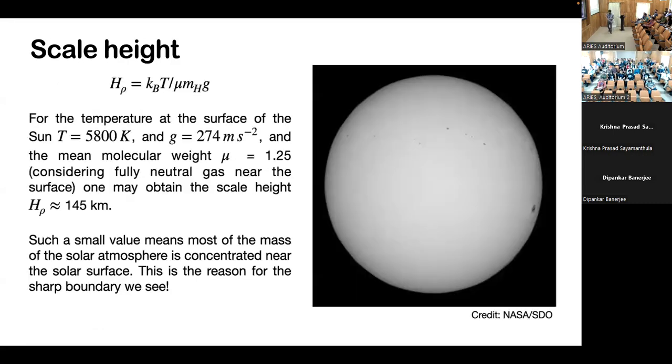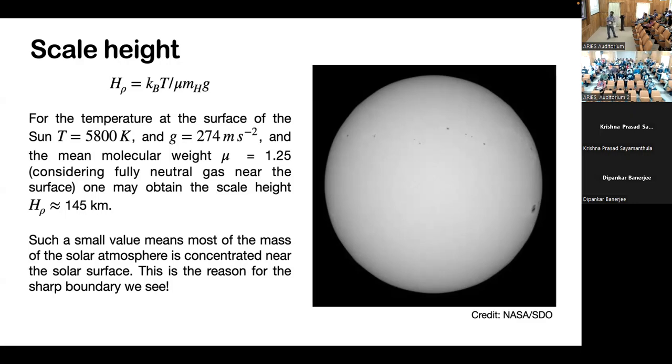If you put in the values for the density scale height, considering the surface temperature, which we have just discussed, the surface temperature of the sun is about 5,800 Kelvin. And g, the gravitational acceleration on the sun, is about 274 meters per second squared. Taking into account the mean molecular weight mu, that comes out to be 1.25 if you consider this composition of hydrogen and helium.